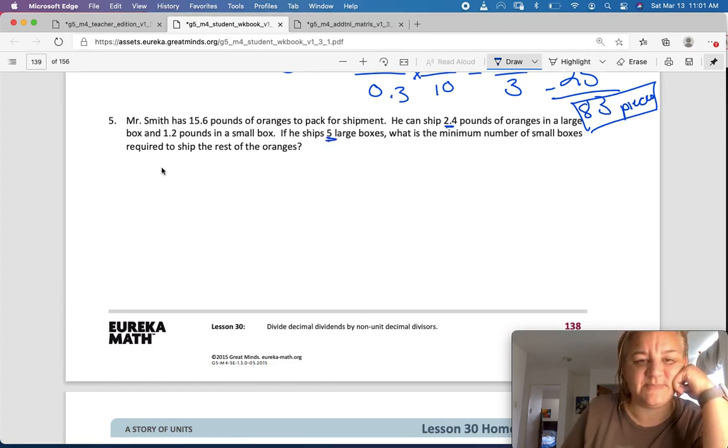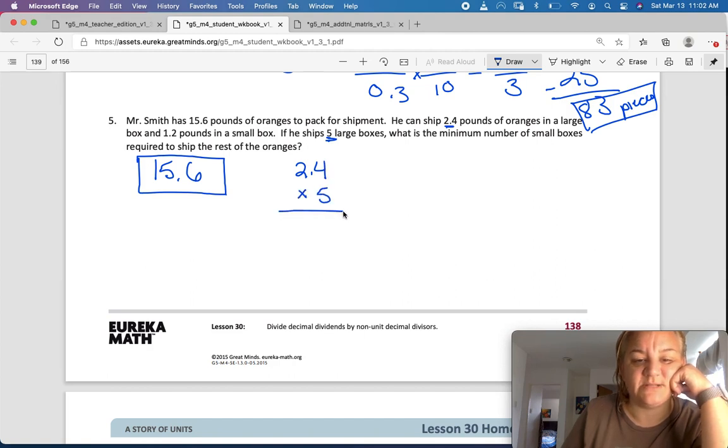They're not trying to trick us, but this is what he has total, right? That's the total amount of oranges. And he's going to fit 2 4/10 in these large boxes. So that's actually going to be 2 4/10 times 5.